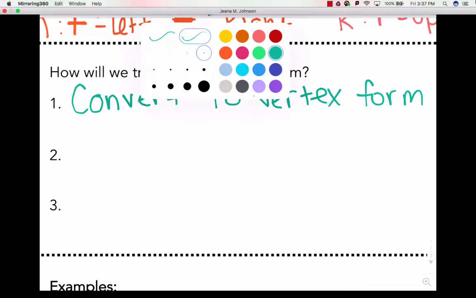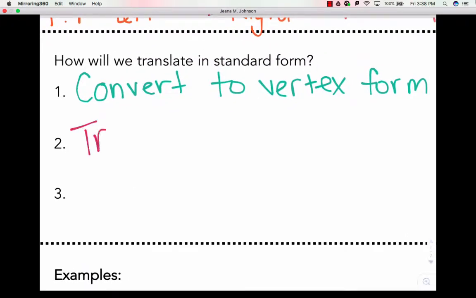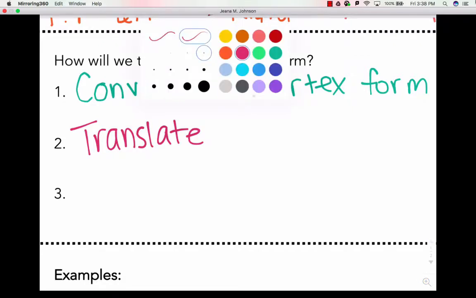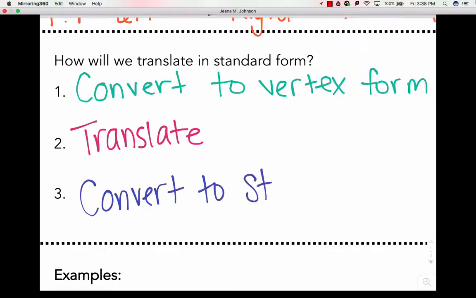Once we're in vertex form, then we're going to translate using the information from the previous section. And then our last step, since we started in standard form, we're going to convert this back to standard form.